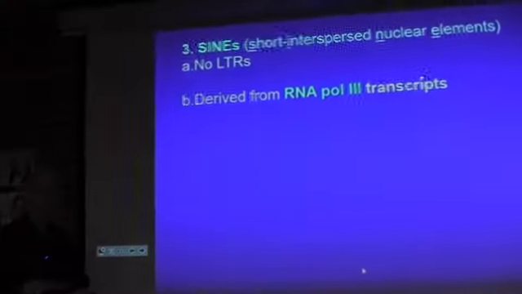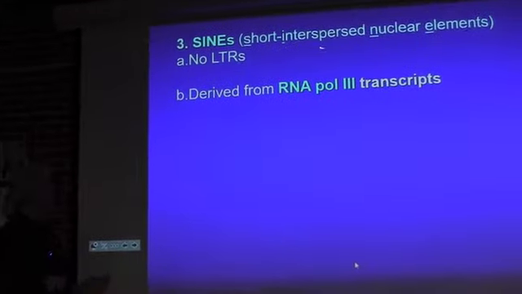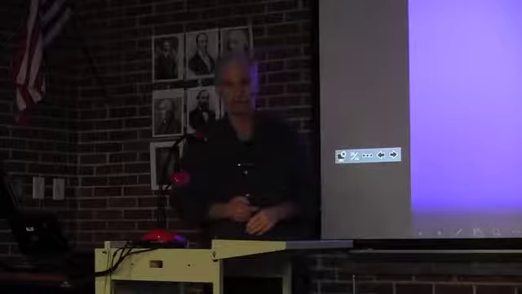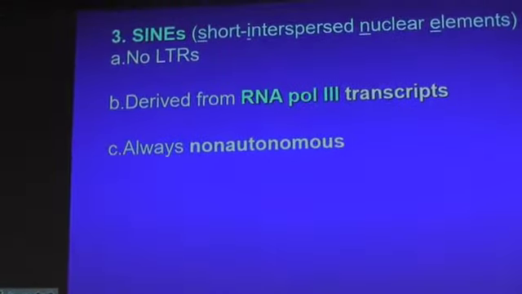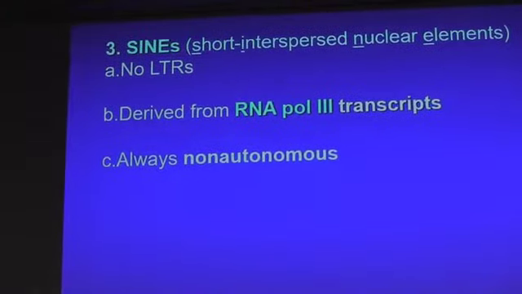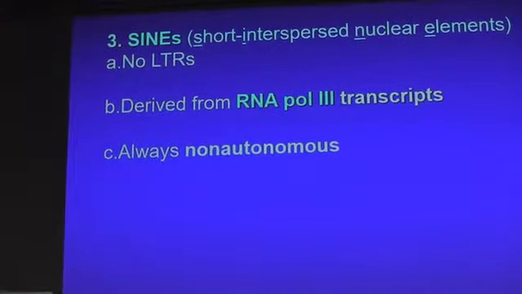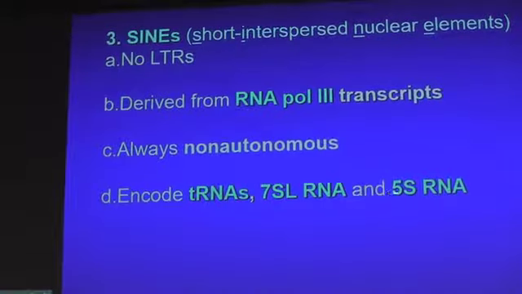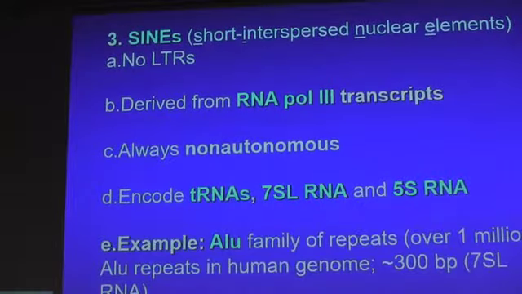It's thought that these short interspersed nuclear elements derived from Pol III transcripts are mobilized by LINEs. LINEs mobilize SINEs. Always non-autonomous. They always require somebody to help them. Encode tRNAs, 7SL RNAs, 5S RNAs. These are transcripts by Pol III.